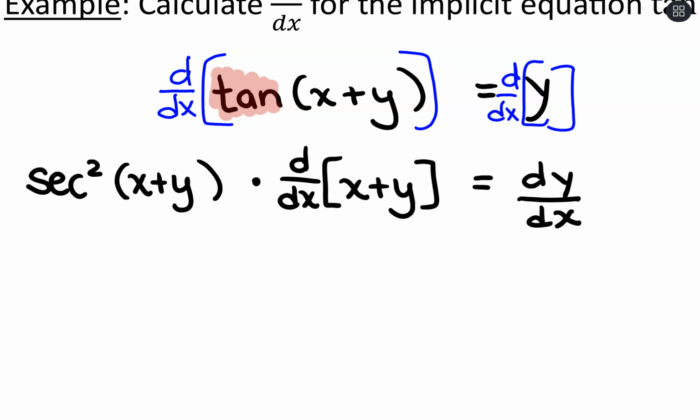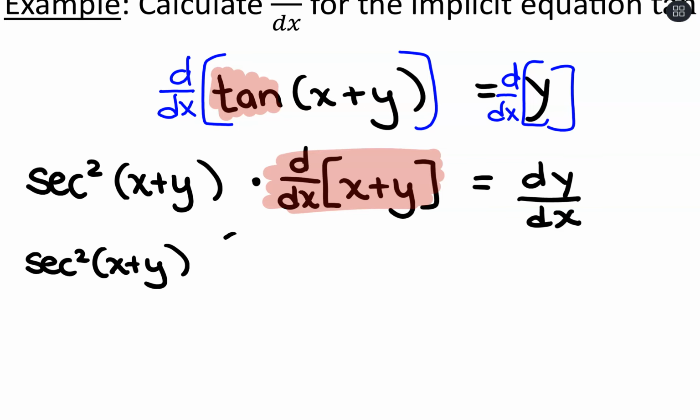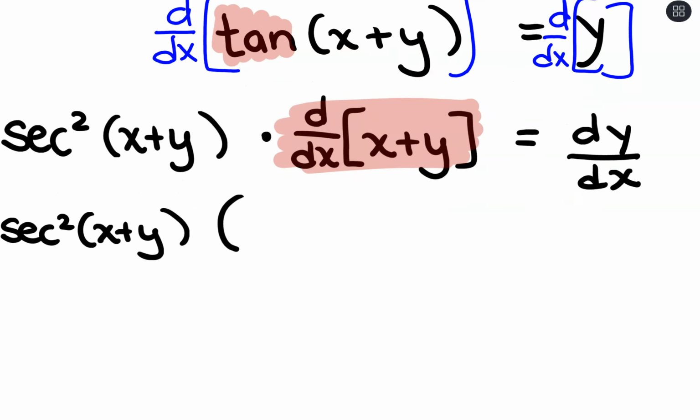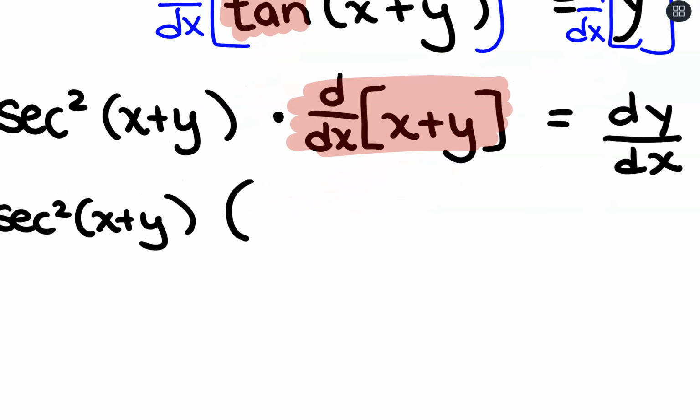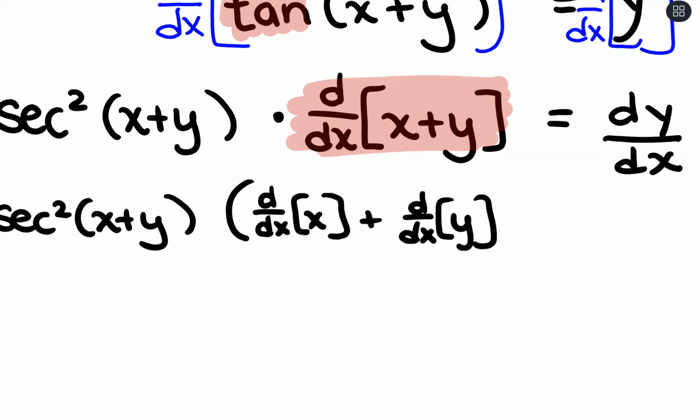Okay, so the piece I still need to simplify is this derivative with respect to x of x plus y. So we have the secant squared multiplying on. And then what we're going to have in here is, and again, I'm going to write out lots of steps here, the derivative with respect to x of x plus the derivative with respect to x of y, all equals dy dx.